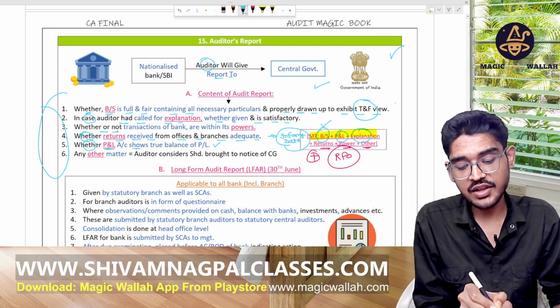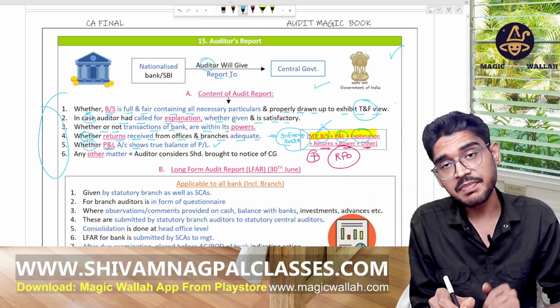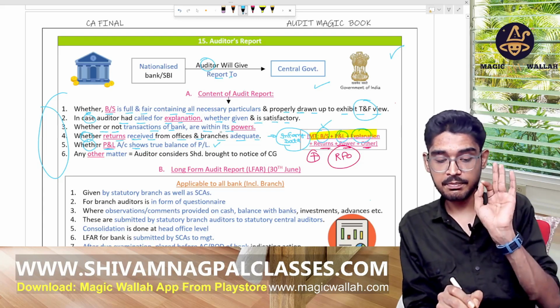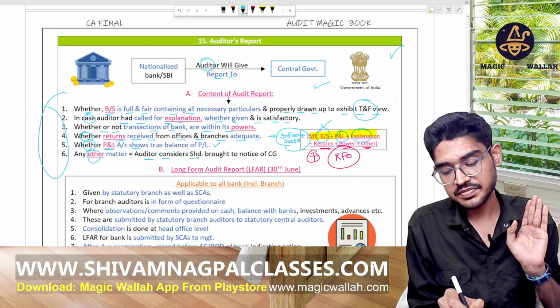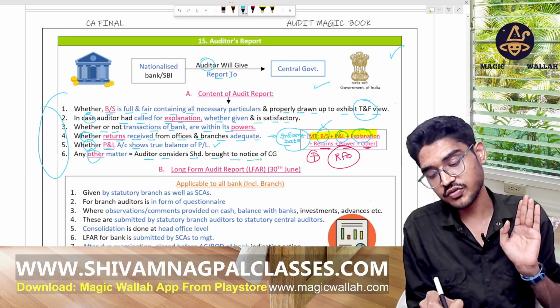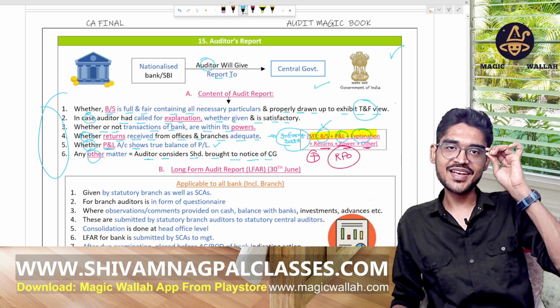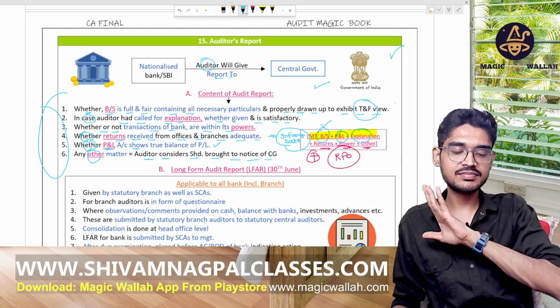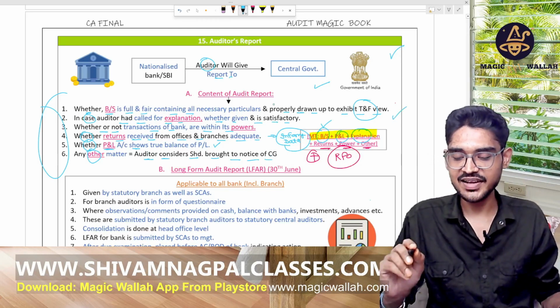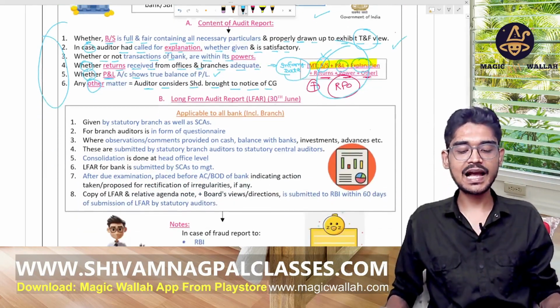Whether or not the transactions of the bank are within its power, that we have to check. Plus others. Any other matter the auditor should consider and bring to the notice of the central government. Okay. So balance sheet, profit and loss account, explanations, and RPO: returns, power and other. That's all. Important, because it is given here in the ICAI material. Okay, let's move ahead.